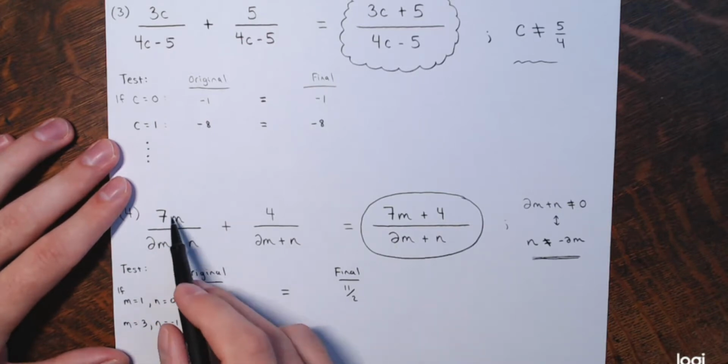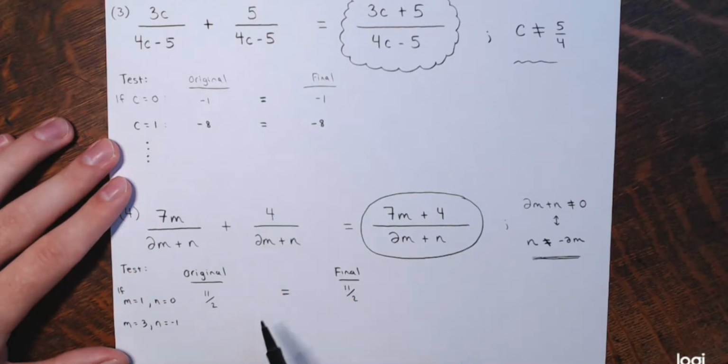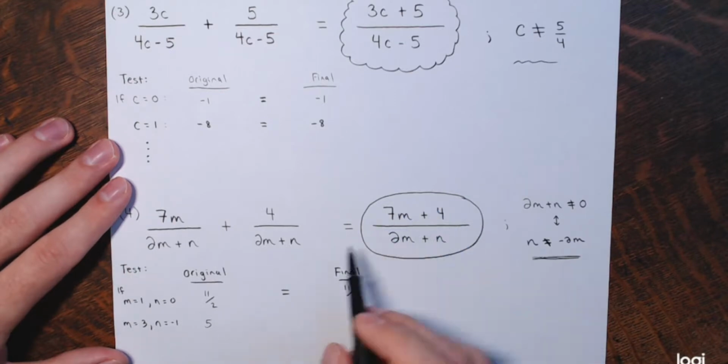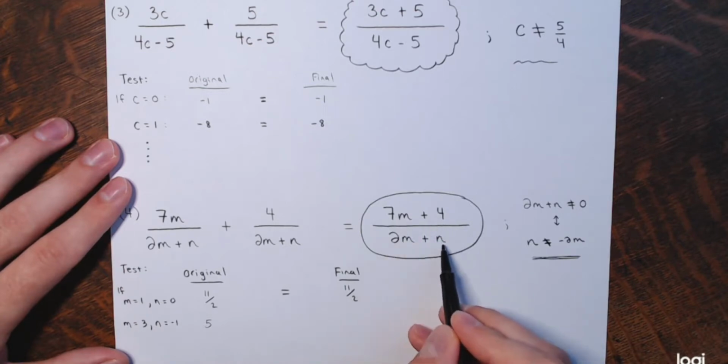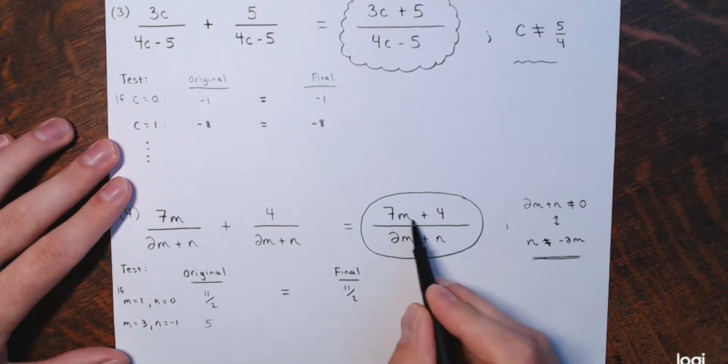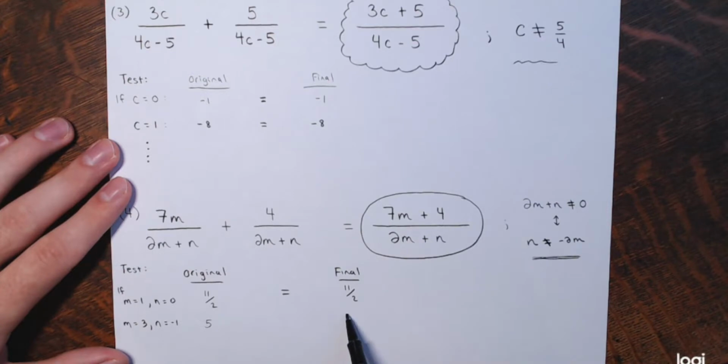So 21 fifths plus 4 fifths would be 25 fifths, or 5, for the original expression. The final expression, if m were 3, that'd be, again, 25 in the numerator. And then if m were 3 and n were -1, you'd have 6 plus -1, 5. 25 in the numerator, 5 in the denominator, you get 5 again.